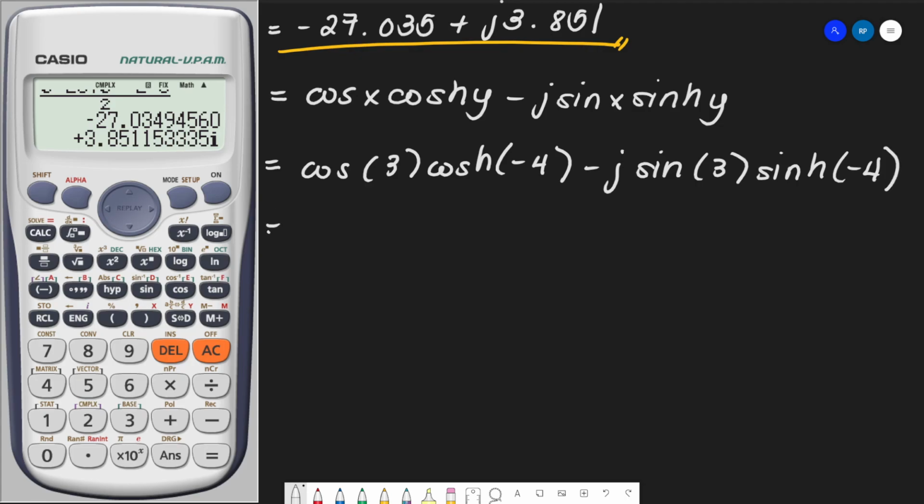So, pag in-evaluate natin yan, actually, pwede natin i-type lahat yan sa calcu. So, we have cos 3, hyp 2, para lumabas yung cos negative 4, plus j sin 3 sin negative 4. So, ito yung sagot kanina. Okay.